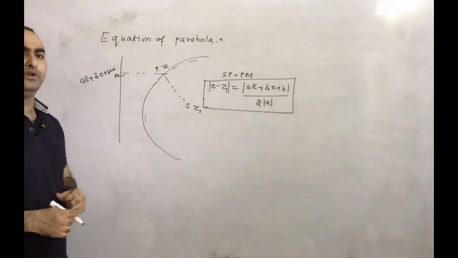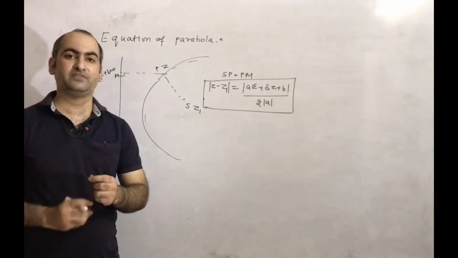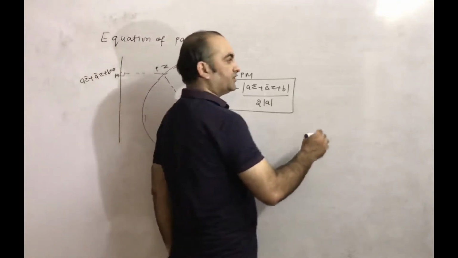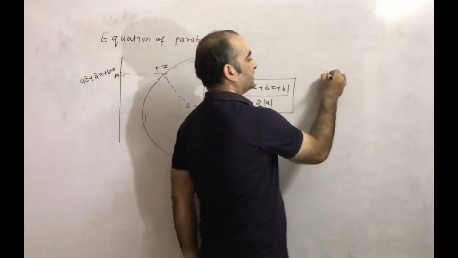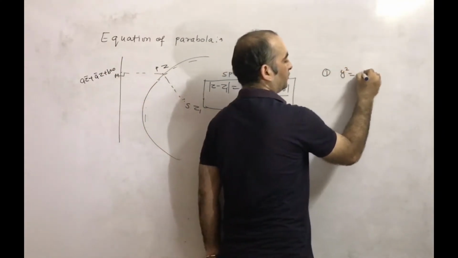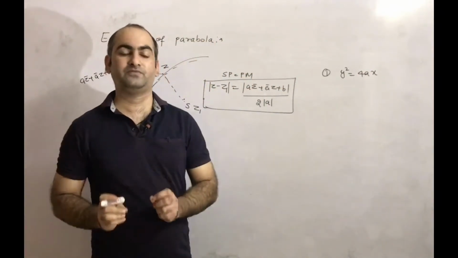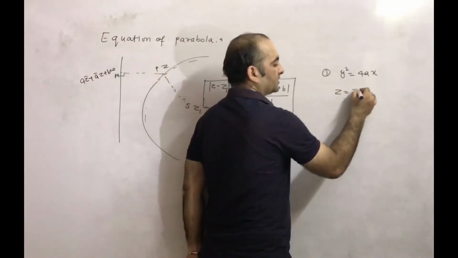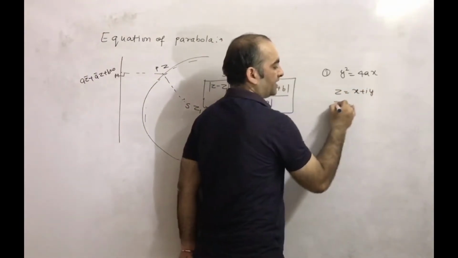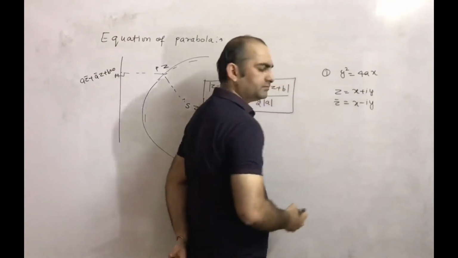Now if you want to convert the Cartesian form of the parabola equation into complex form, what will you do? In Cartesian form there are 4 standard forms. For example, we are taking y square equal to 4ax, and we want to convert this into complex form. See, z equal to x plus i y, then z bar is x minus i y.